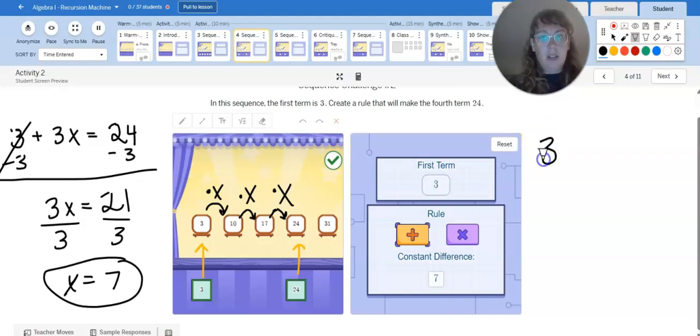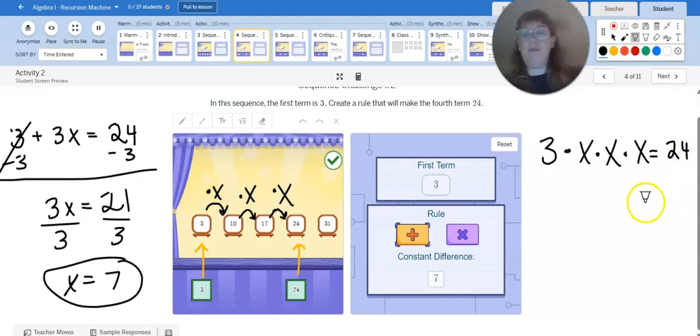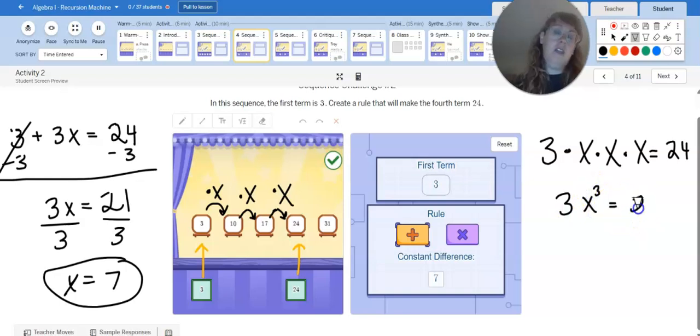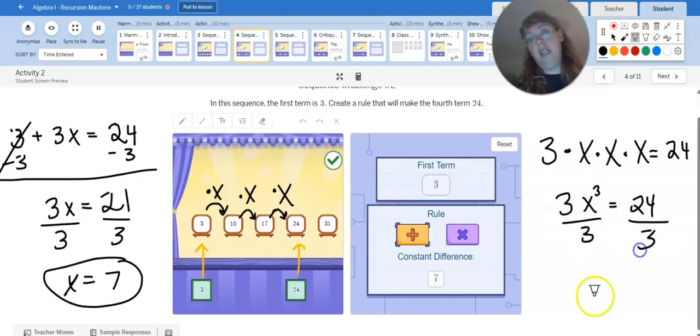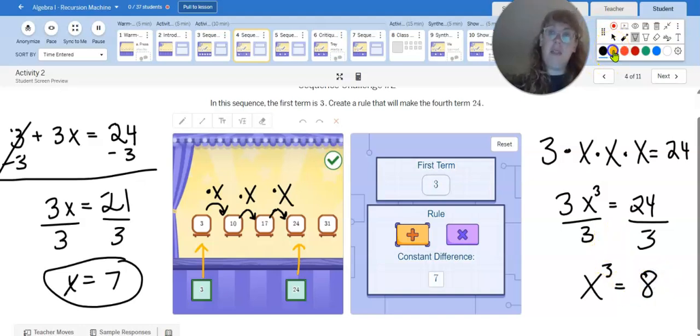So we're starting with our 3, and then we're multiplying it by 1x, 2x, 3 x's to get 24. x times x times x, this is x cubed equals 24. Divide both sides by 3 to get x cubed equals 8. And then when we take the cube root of both sides, we would get x equals 2.